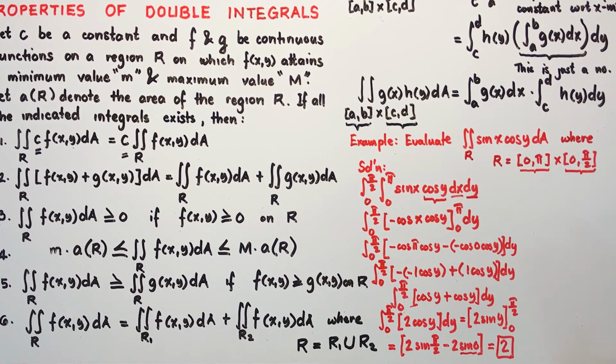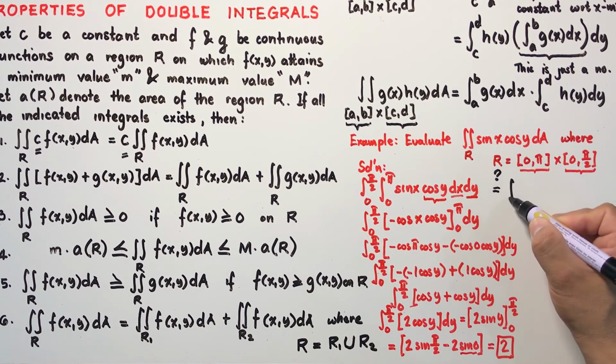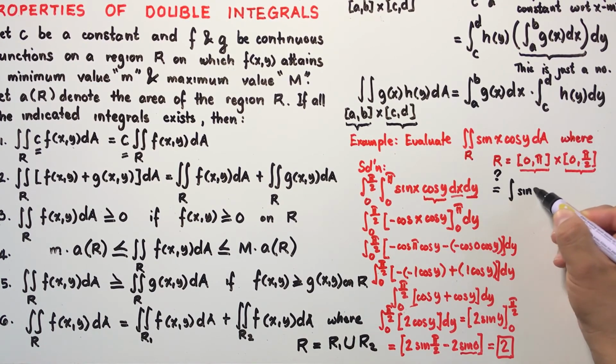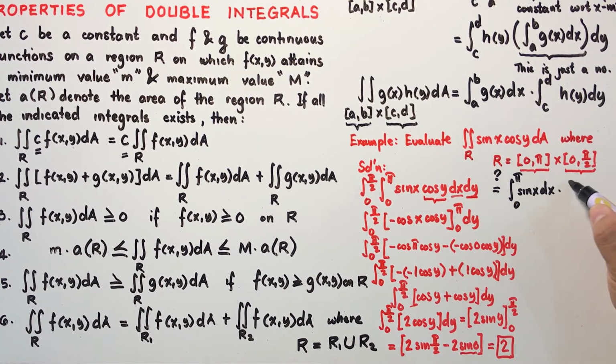So we will check here whether this one is equal to the integral of sine x dx from 0 to pi times the integral of cosine of y dy from 0 to pi over 2.